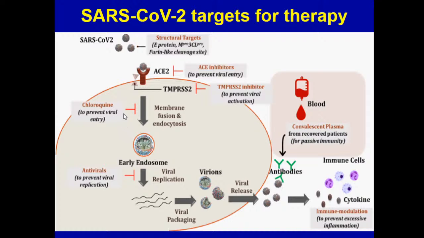It is believed that it may prevent the viral entry from the endosome, to prevent the endosomal fusion and release of the RNA, or it may protect the fusion of the viral supercapsid with the cellular membrane. So the chloroquine can prevent the release of the viral RNA from the endosome or from the surface of the cell. Okay?